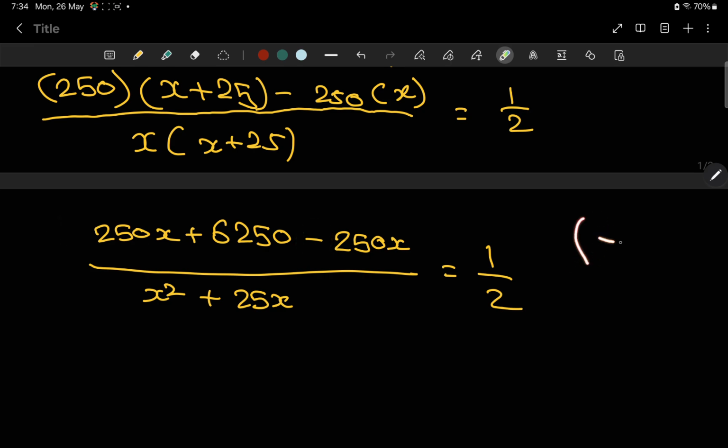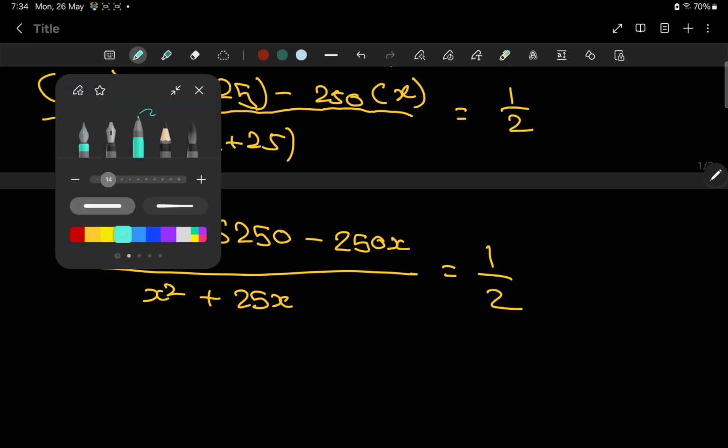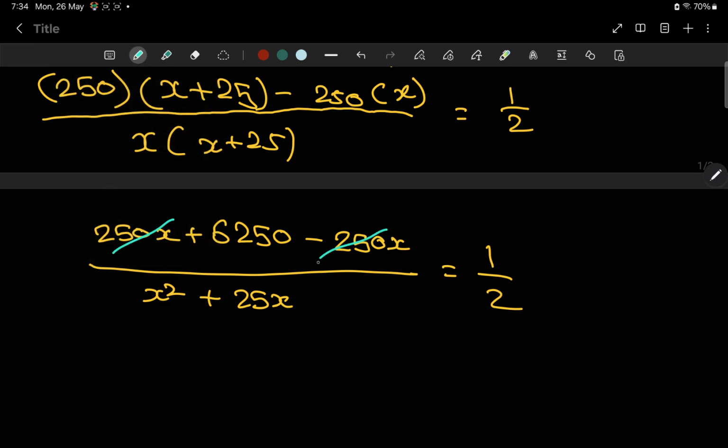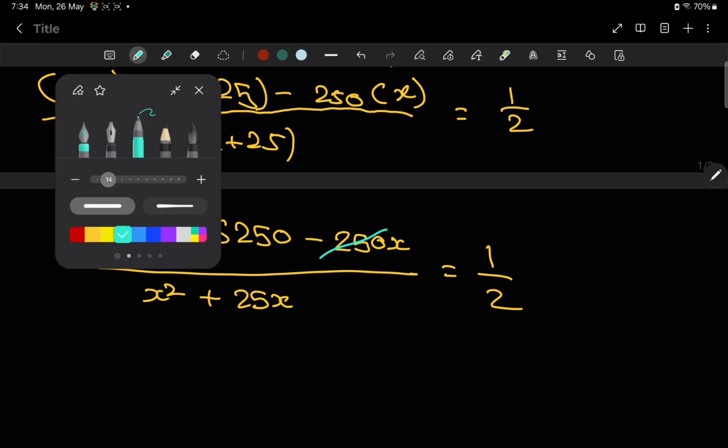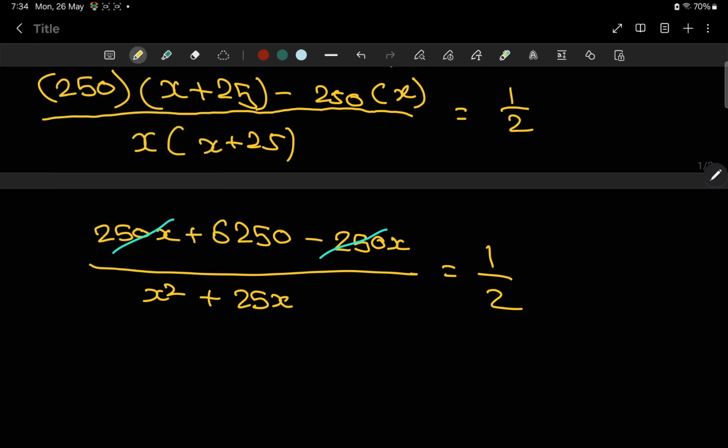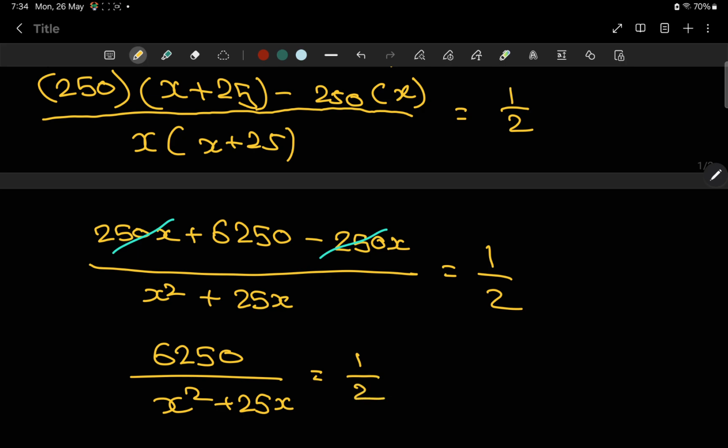So 250x minus 250x will be 0, so we can simply cancel it off. Okay, what's the remaining? 6250 by x square plus 25x is equal to half.